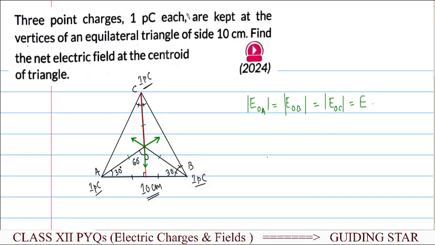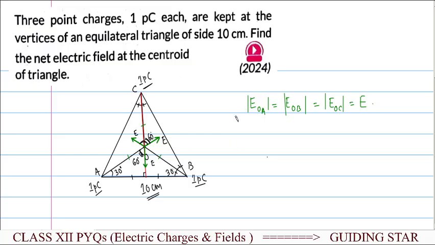Assume that each of these electric fields is taken to be E. As this particular angle is 60 degrees, vertically opposite angles are equal, so this angle will also be 60 degree, that means this whole angle will be 120 degree here.